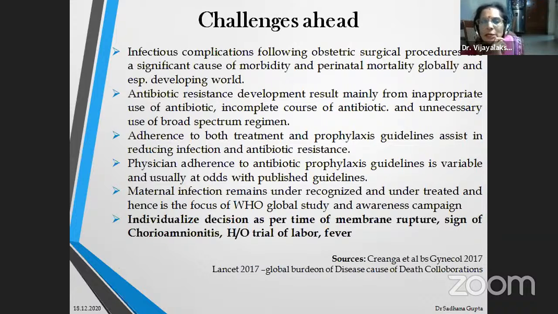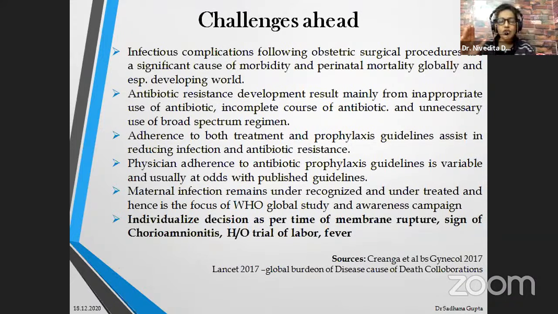The usual choice of drug is only ampicillin, or sometimes we do give cefuroxime or the cephalosporins. We also have amoxiclav. So in case we suspect a little pyrexial condition or chorioamnionitis in cases of premature rupture of membranes, then even if it is not preterm, we do give amoxiclav.